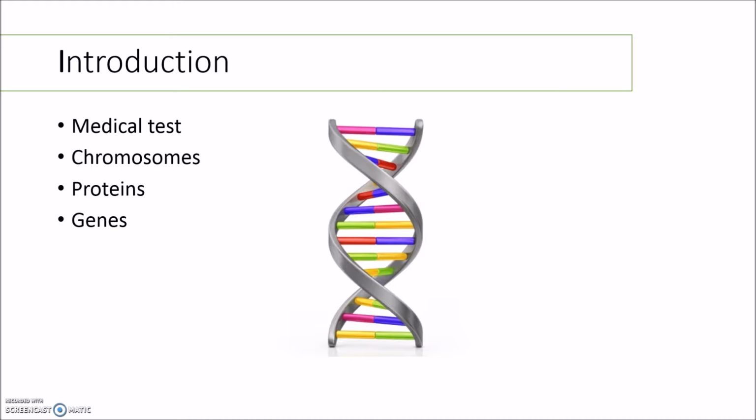Another method is when you analyze the chromosomes, and third is when you study the level of proteins. It is voluntary to take the genetic test because there are different risks as well as benefits to taking the genetic test.